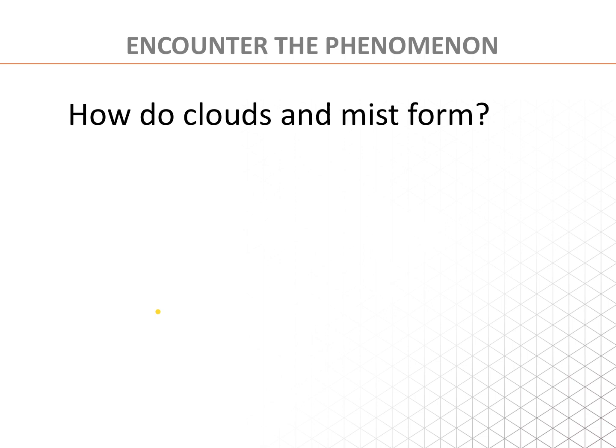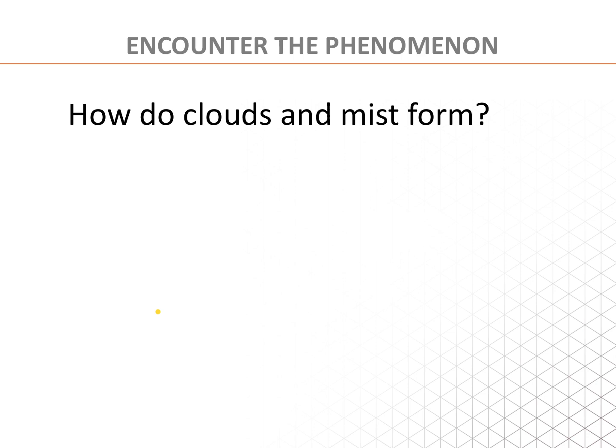So, how do clouds and mist form? Clouds and mist, as we have discussed, and fog, which by the way is cloud at Earth's surface, is the result of condensation or the phase change of gas into a liquid.